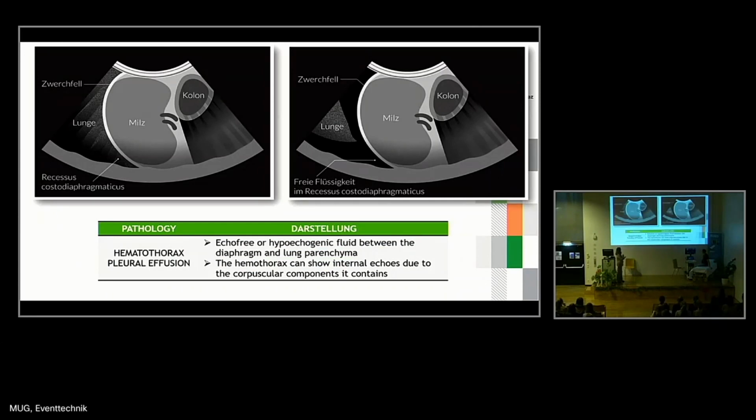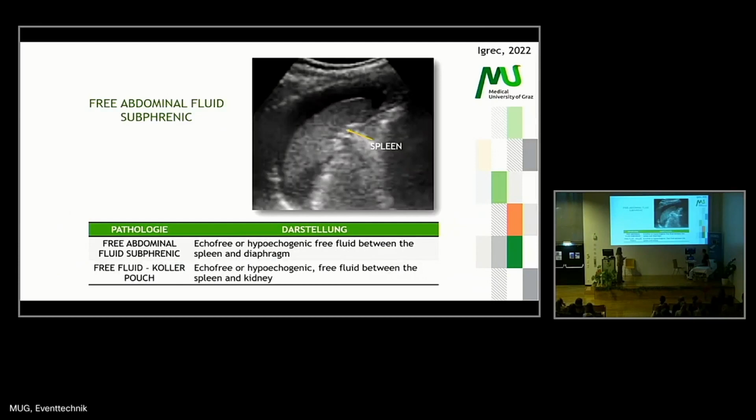Also the same, so normal anatomy and pleural effusion between the diaphragm and the collapsed lung. Here, example, subphrenic fluid. So you need to show the diaphragm, thin white line. You have this small, nicely seen spleen. Underneath is the kidney, and something is interposing between this diaphragm and the spleen.